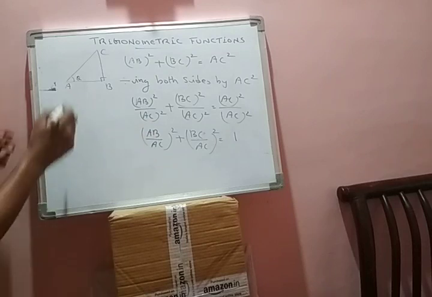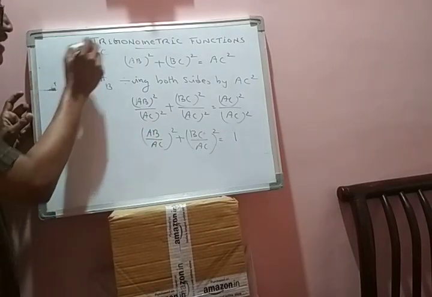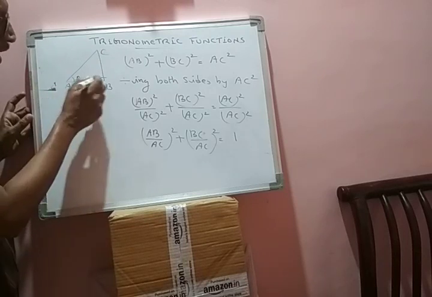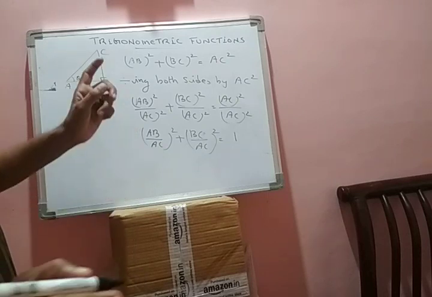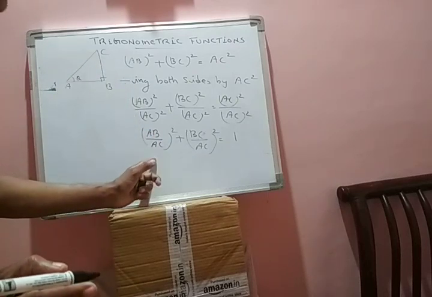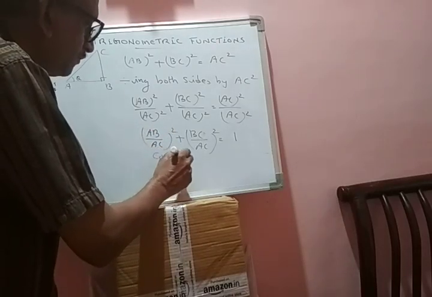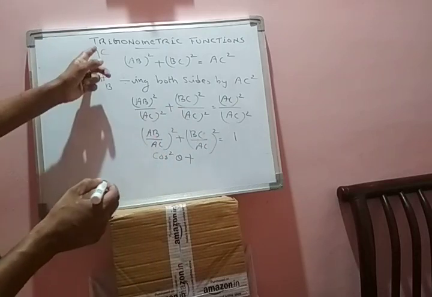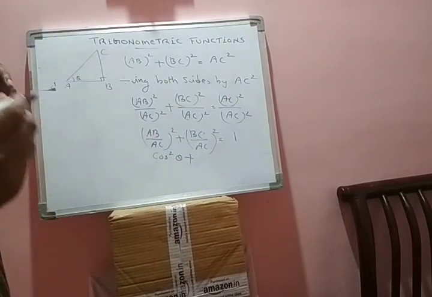AB by AC. AB is the adjacent side of theta and AC is the hypotenuse. Therefore, AB by AC is adjacent side by hypotenuse, which is cos theta. Therefore, this term is cos squared theta. Plus, BC is the opposite side of angle theta and AC is the hypotenuse.